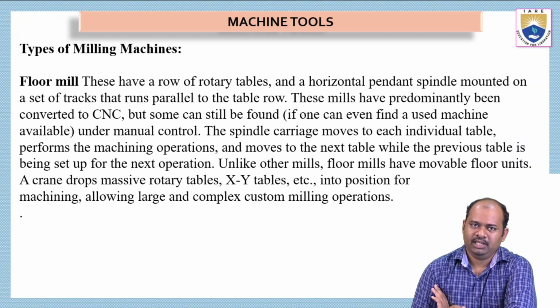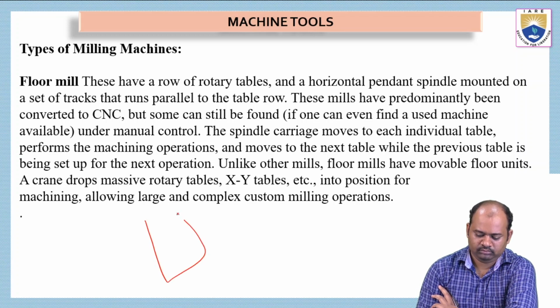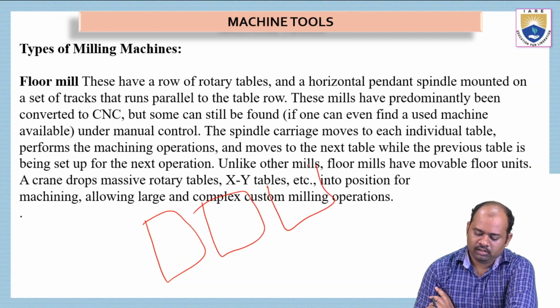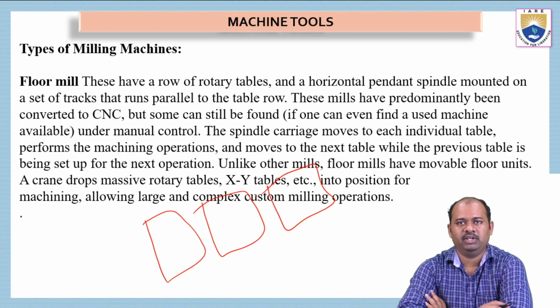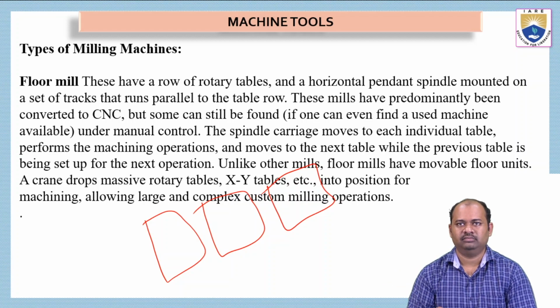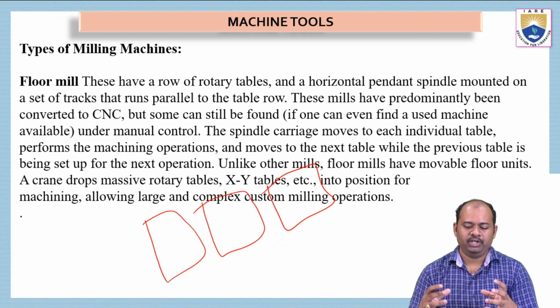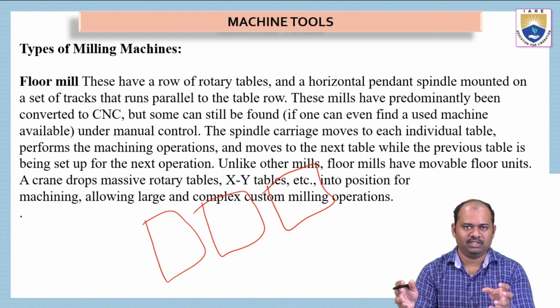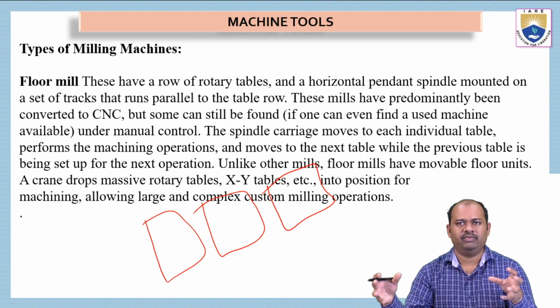Generally in any milling machine we have a single table, but in this floor mill we have multiple tables. That means we can attach multiple workpieces on each table, and the spindle has the capability of moving along all these tables. It can work on different workpieces on the different tables.